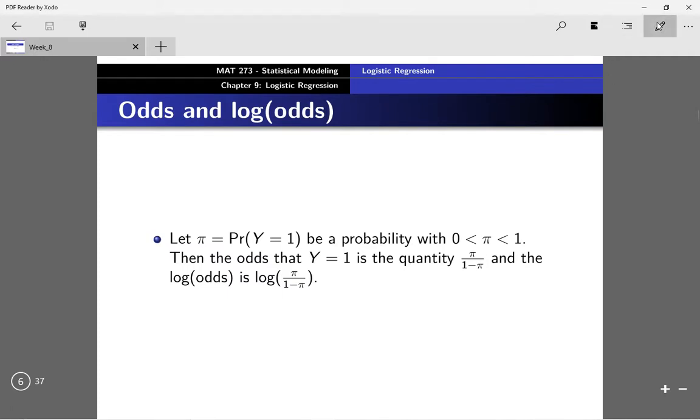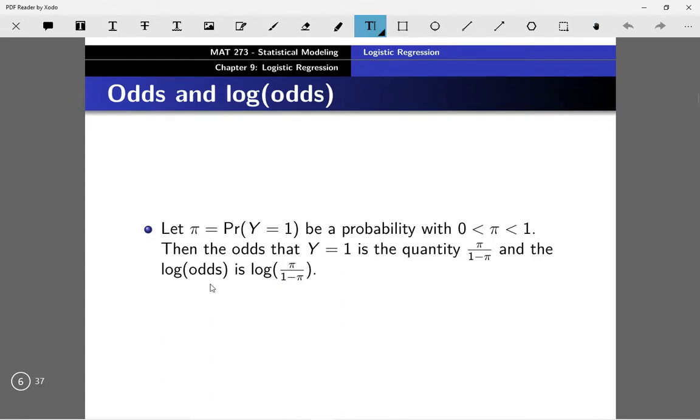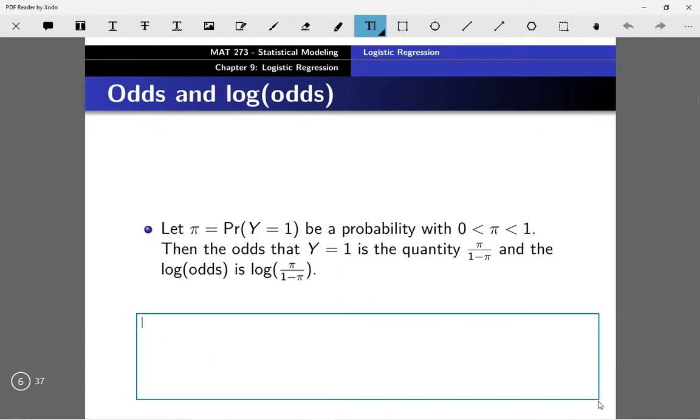Okay, so for an odds, if the odds of success are 3, then it is 3 times as likely that there is a success than there is a failure.